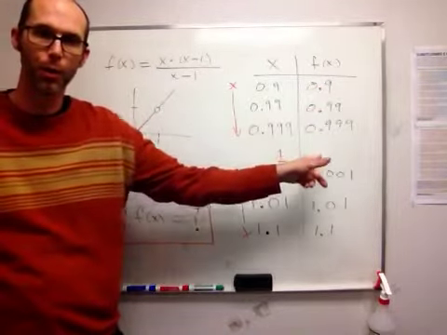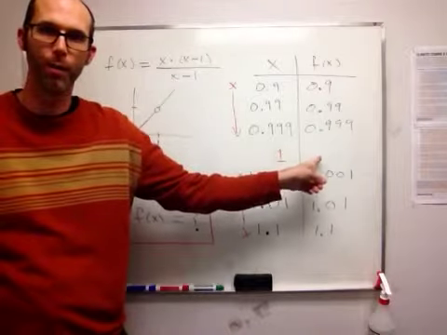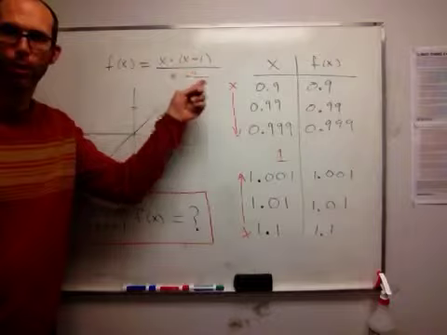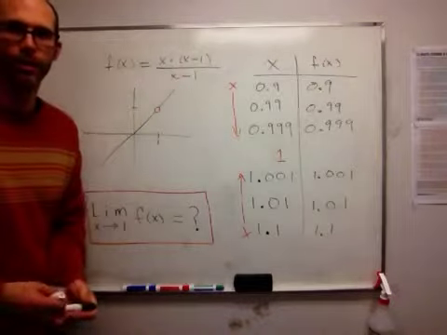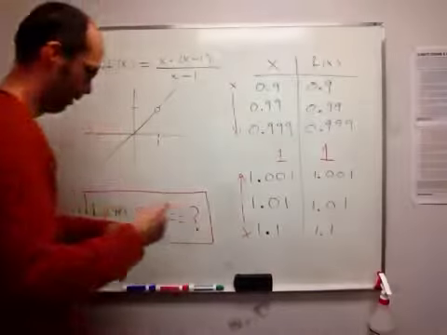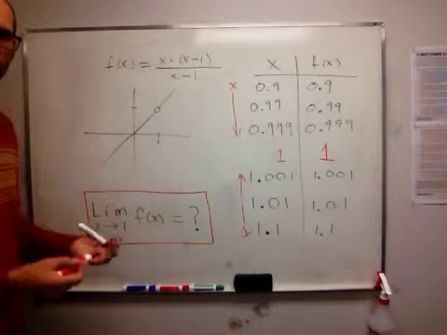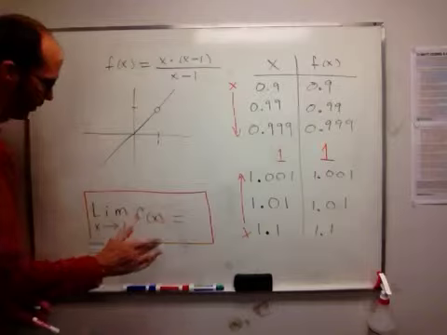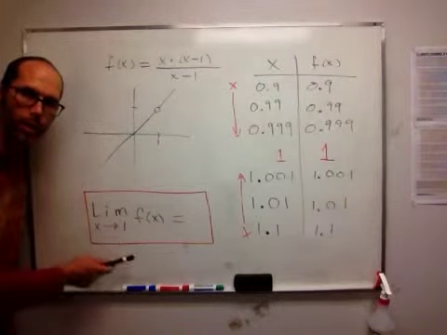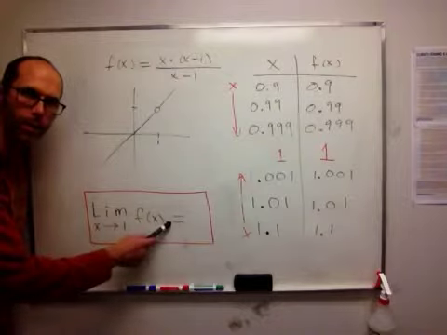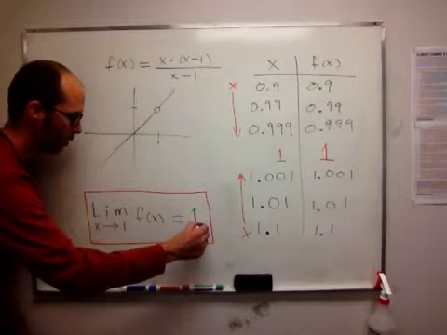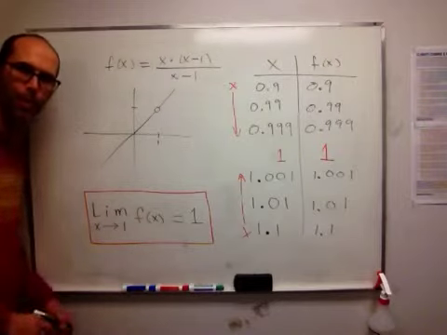Closer and closer to what should go there, but we can't put it there because it'll make this thing 0 over 0, which is bad. We know it's a 1. So the limit as x approaches 1 of f of x equals 1.